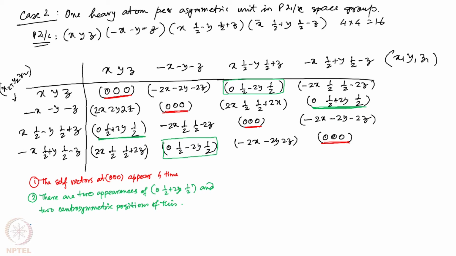The third point is that again there are 2 appearances of 2x, half, minus 2z and its I, that is center of inversion related positions.